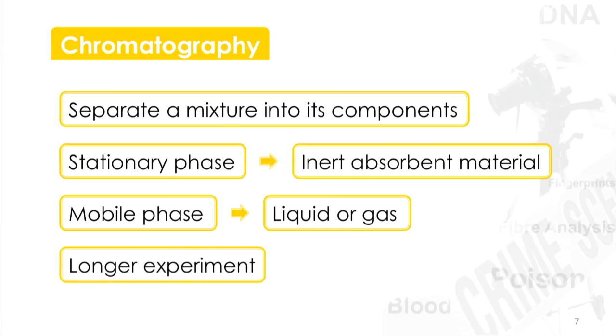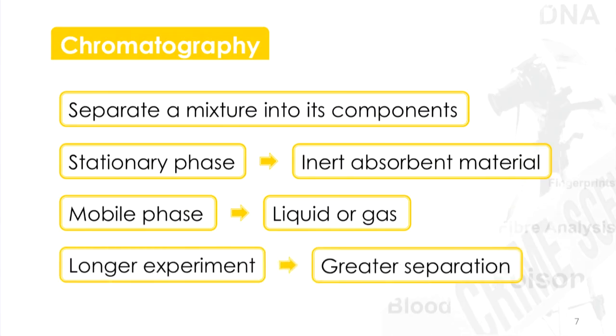And as we run the experiment longer, the separation will get greater. And of course, one of these components will get to the end of our stationary phase well before the other one. And we've now separated our mixture into its different components, and we could go ahead with whatever analysis we're going to use to identify them.